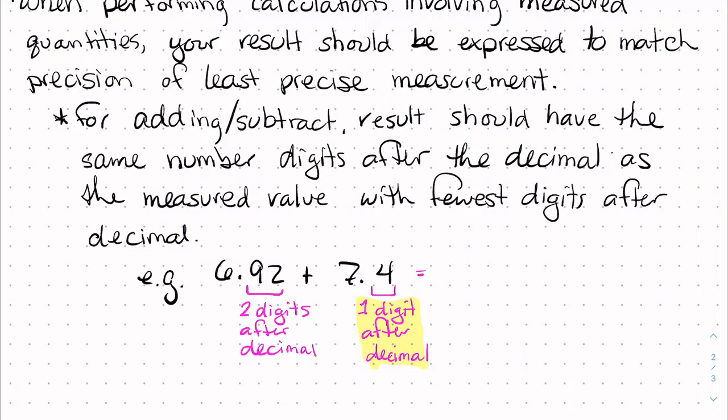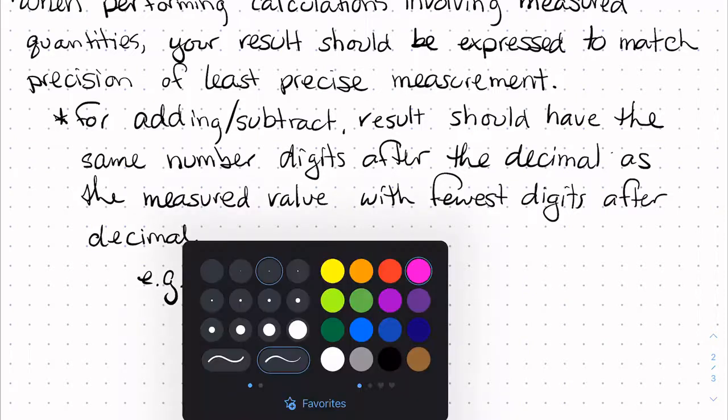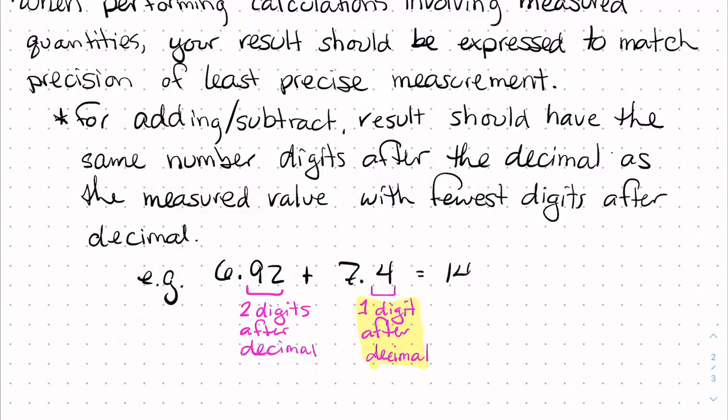So when you do this in your calculator, it's going to give you 2 digits, but you need to round appropriately. So the appropriately rounded answer for this one would be 14.3. Your calculator is going to give you 14.32 here, but we know that we can only have 1 digit after the decimal and 2 rounds down, so 14.3 would be the correct way to report your response here.